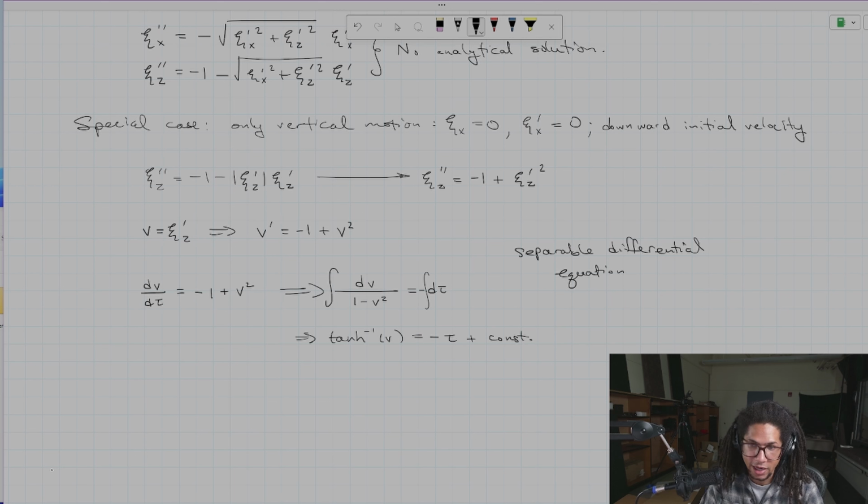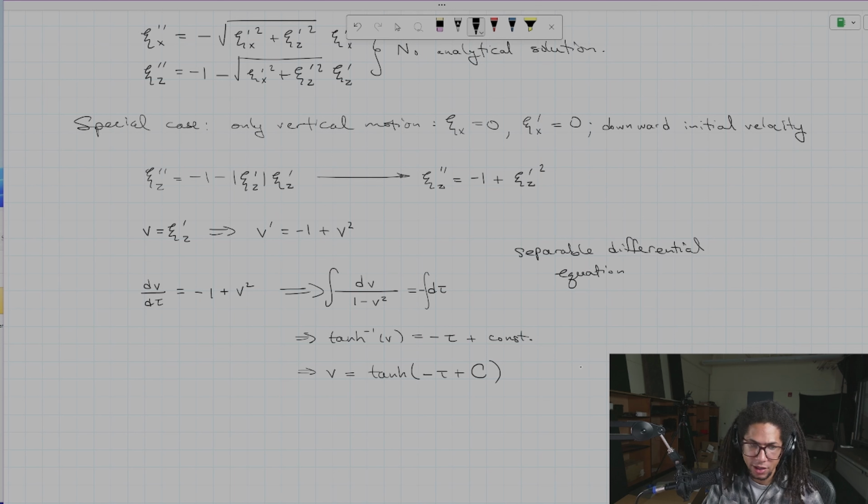Or if I take the hyperbolic tangent of both sides, this would tell me that v is equal to tangent of tau plus, let me name this constant, I guess I'll call it c. Okay, and before I go any further, I made an error here. Of course, when I take the hyperbolic tangent of both sides, I need to preserve that minus sign there.